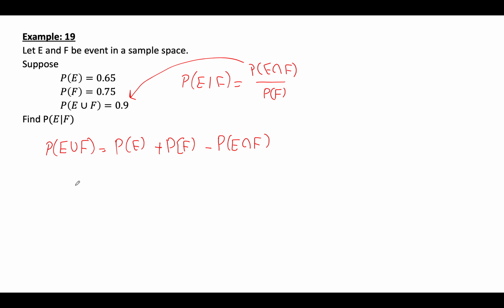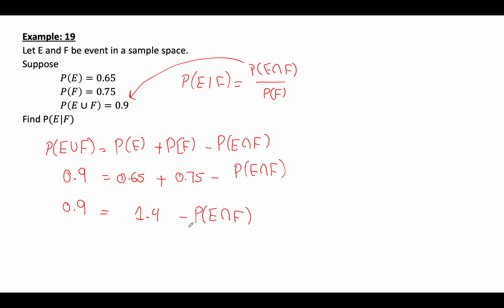Now we have that the probability of the union is equal to 0.9, the probability of E is 0.65, the probability of F is 0.75, and here is what we need to find. So adding those together gives me 0.65 plus 0.75, which is equal to 1.4, minus the probability of E intersect F.